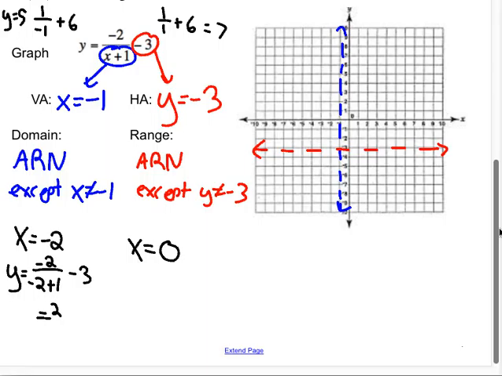So I get 2 minus 3, or negative 5. So I have a point at negative 2, negative 5. And now let's plug in 0.